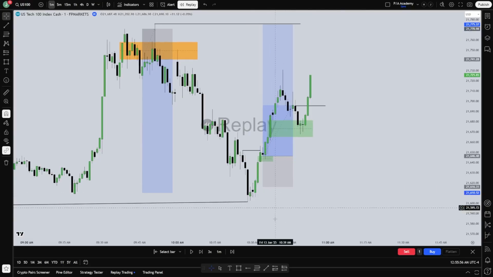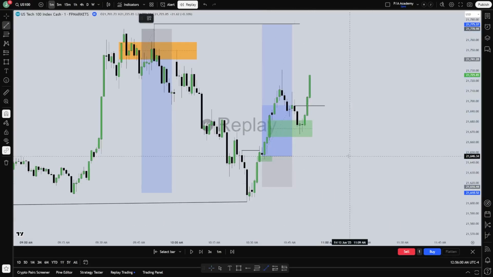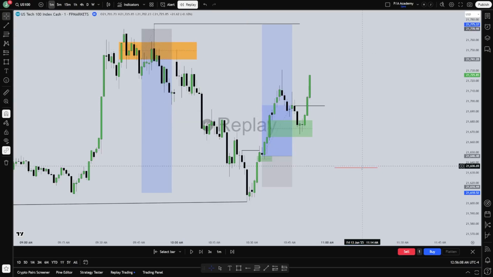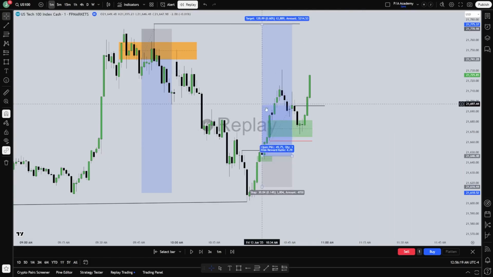So right now I would trail my stop up to around under this fair value gap, something like that, and see how price wants to react to these highs.